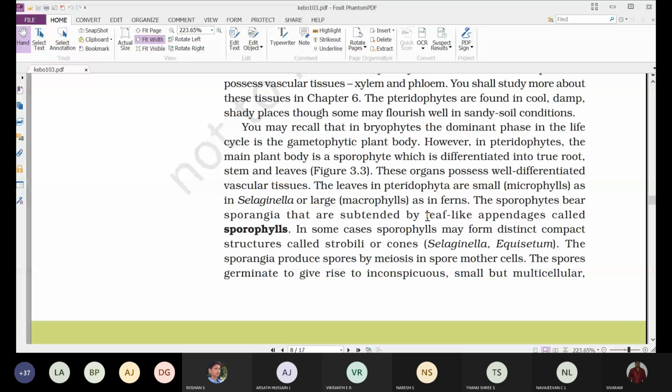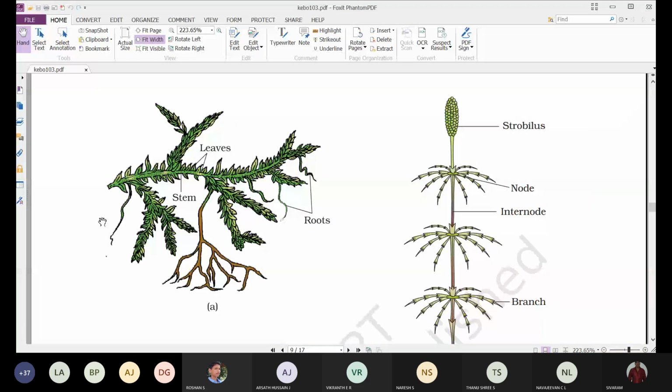And in some, like ferns, which are terrestrial and grow on land, the leaves are a little bit larger in size and are called macrophylls. This is Selaginella. These are the roots, this is the stem, and these are the leaves. The leaves are usually smaller in size, that's why we call them microphylls.